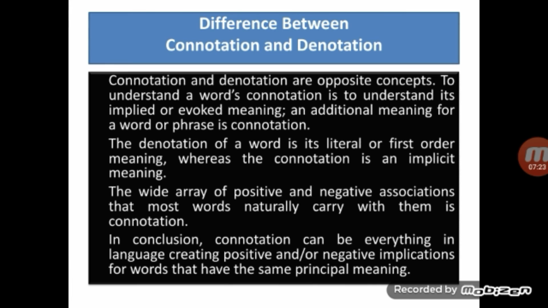So, simply speaking, the wide array of positive and negative associations that most words naturally carry with them is connotation. Very simple. In conclusion, connotation can be everything in language, creating positive and or negative implications for words that have the same principal meaning.